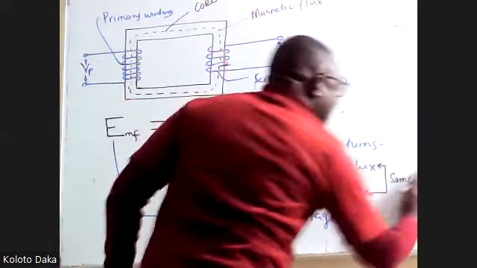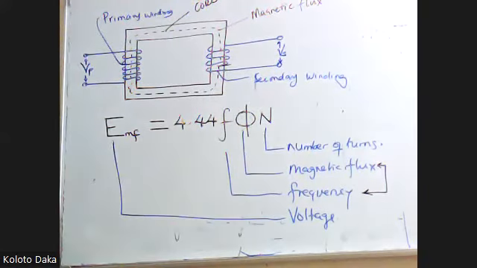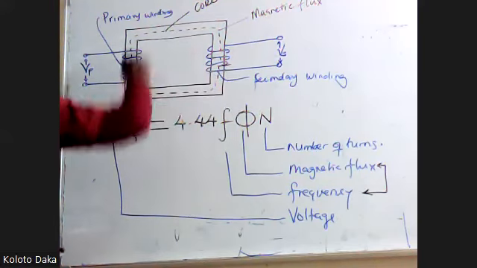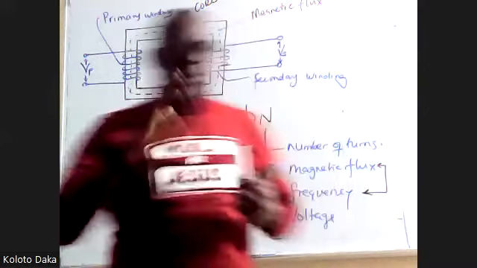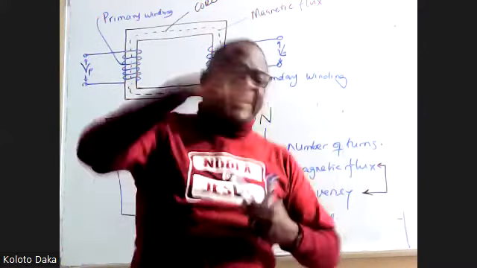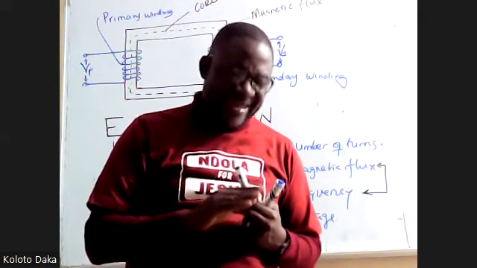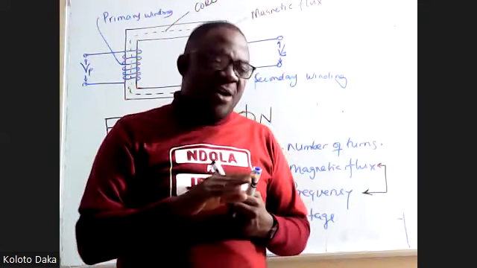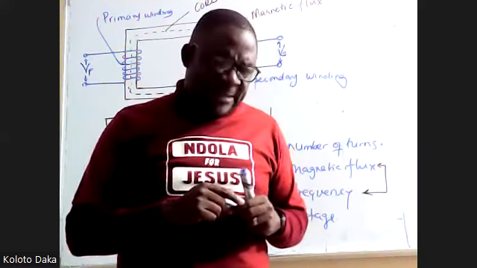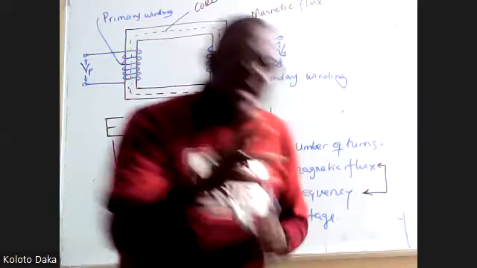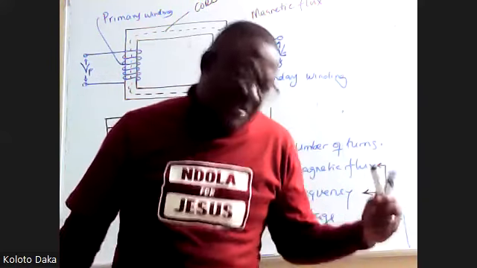The flux and the frequency will be the same on the primary or the secondary, because the flux is actually not even moving. We use the term pulsating. The pulsating flux pulsates at the frequency of the voltage supplied. So the frequency and the flux are the same value on the primary and on the secondary.